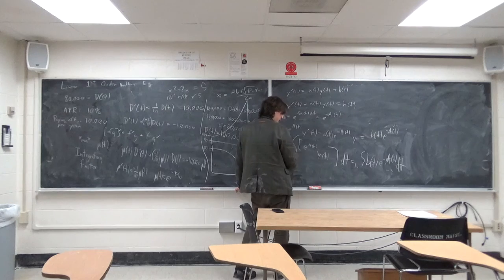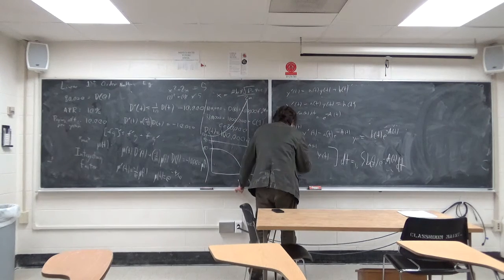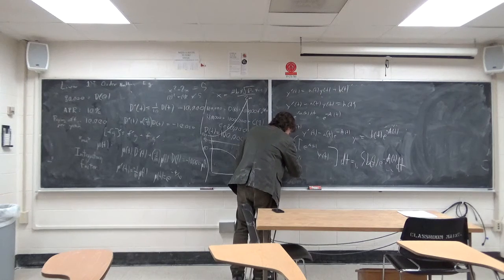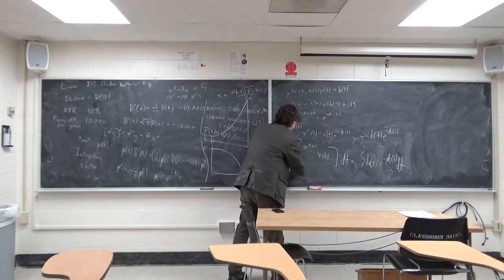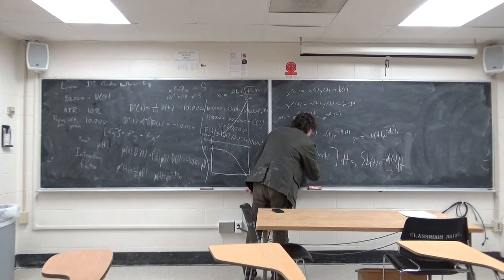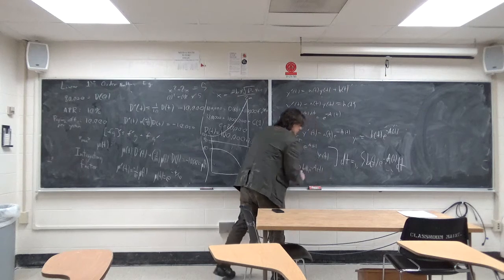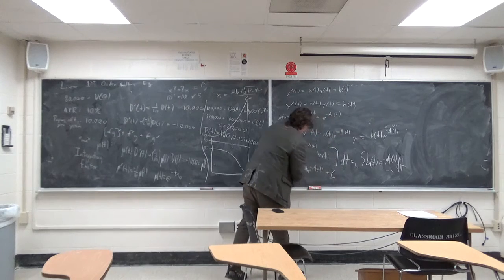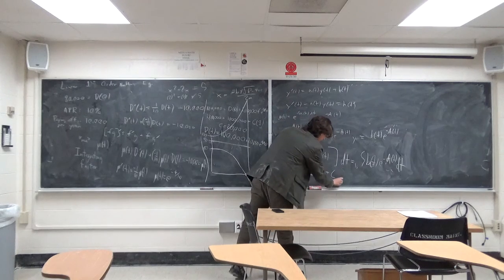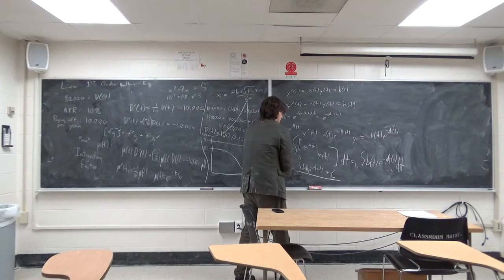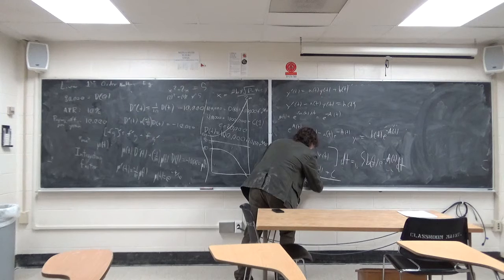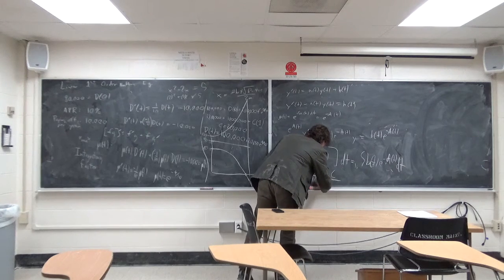After a little more work, a little more algebra, I finally get y(t) equals the integral of b(t) e^(-A(t)) plus C, divided by e^(-A(t)).